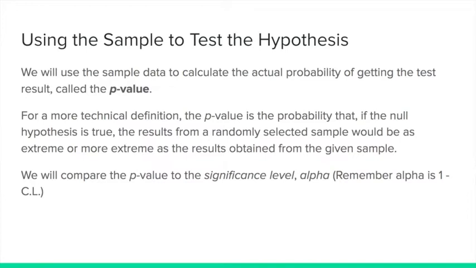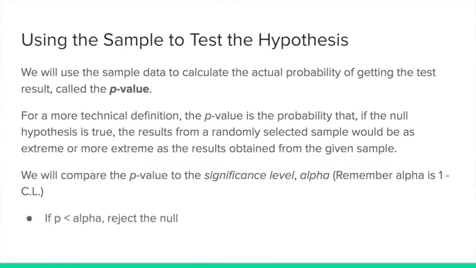But significance level and confidence level are still tied together. Alpha and the confidence level have the same relationship that they did in Chapter 8. So the p-value will be compared to alpha. Alpha is typically something like 0.05 or 0.01. It'll vary some from problem to problem.